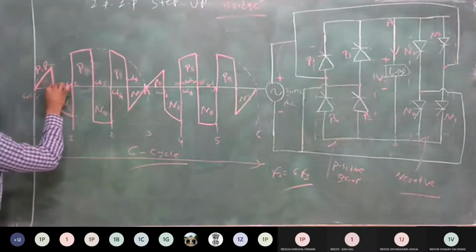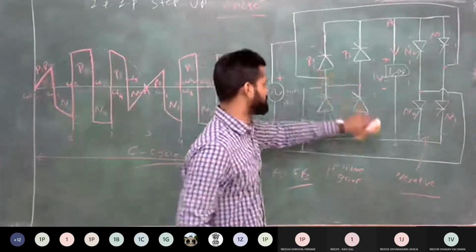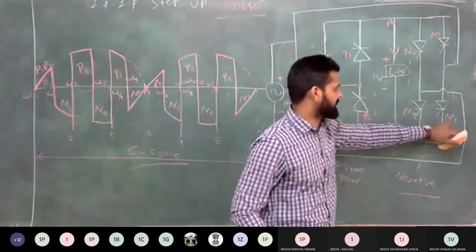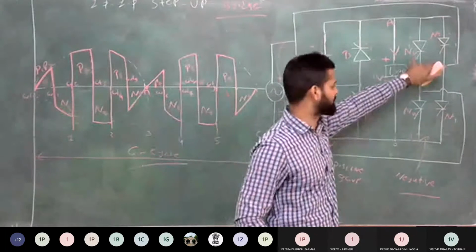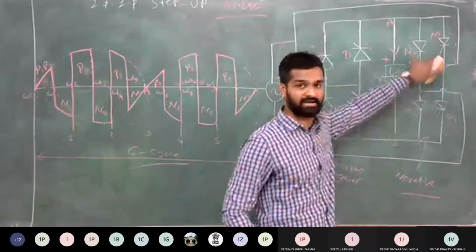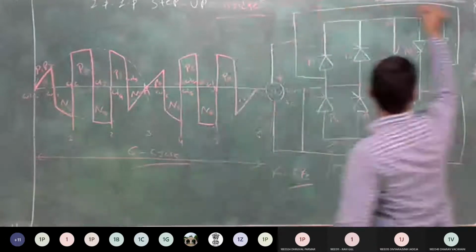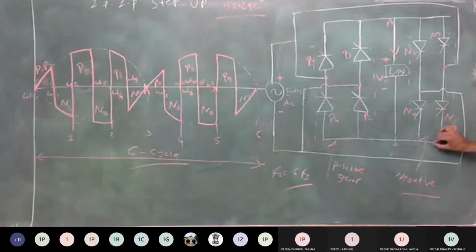Clear? In the same way, after omega T1, what will happen? Forcefully commutate P1 and P2, because after that you require negative voltage. In the negative group, only N1 and N2 are forward biased, so provide the gate pulse to both the thyristors simultaneously. Current now flows from the positive terminal through N1, the load from A to O, N2, and the negative terminal.